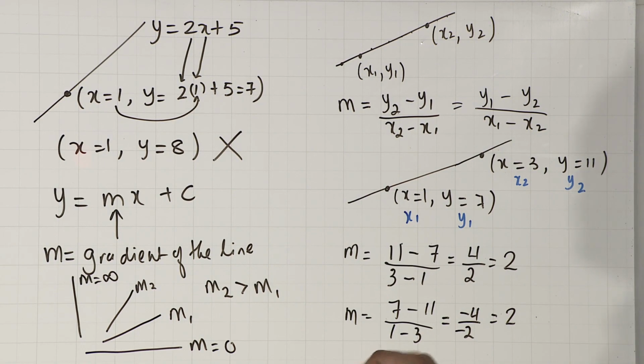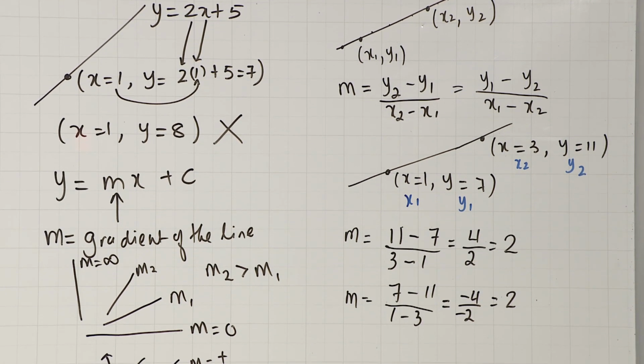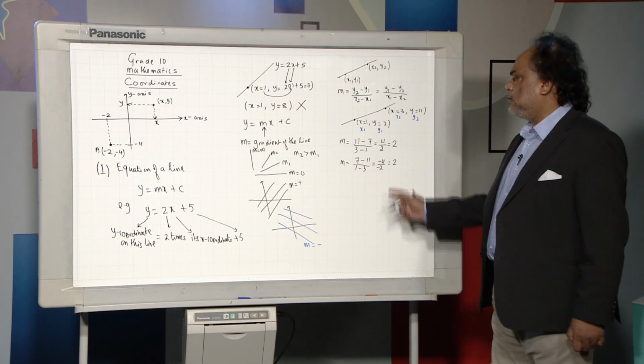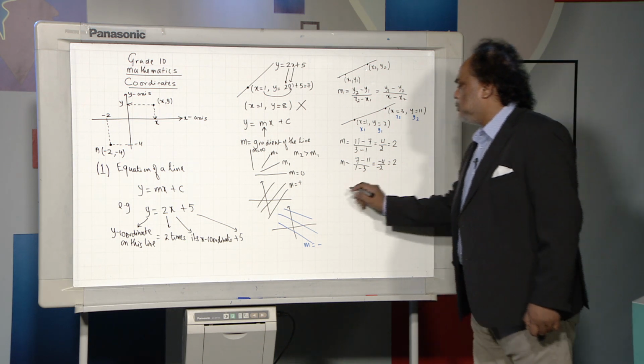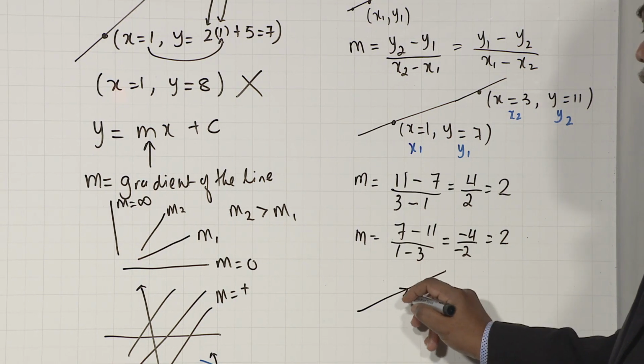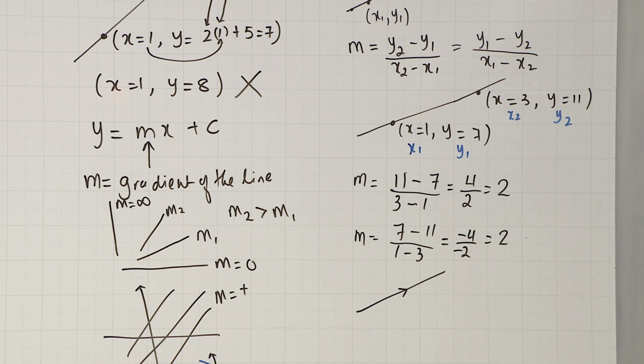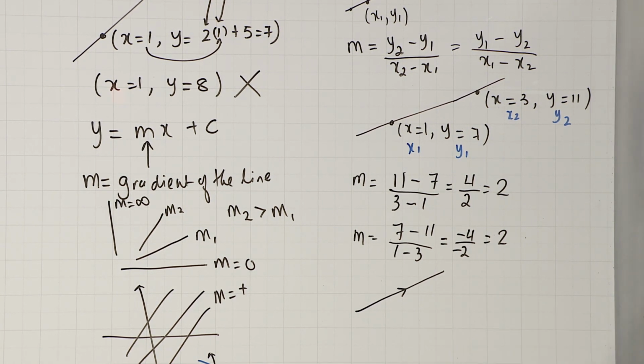So, this is the gradient, gradient 2. It is positive. Since it is positive, I know that this is the way the line will look like.